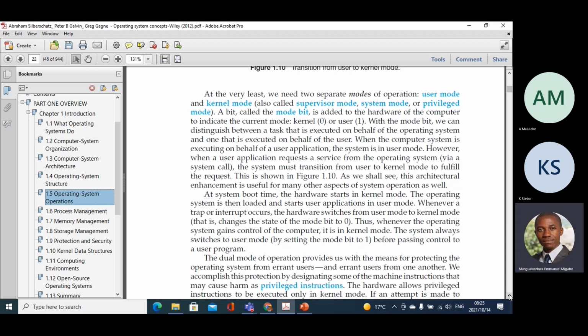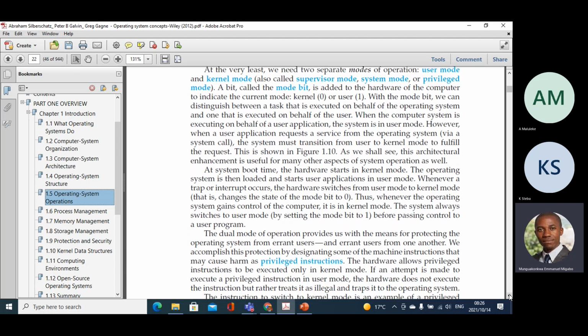In order to accomplish this protection, it's done by designating some of the machine instructions that may cause harm as what we call privileged instructions. The hardware allows privileged instructions to be executed only in kernel mode. So they're not accessible by the user at the end of the day.